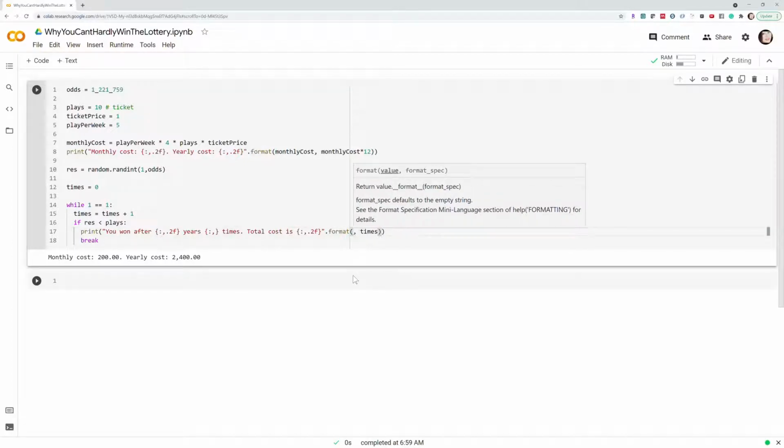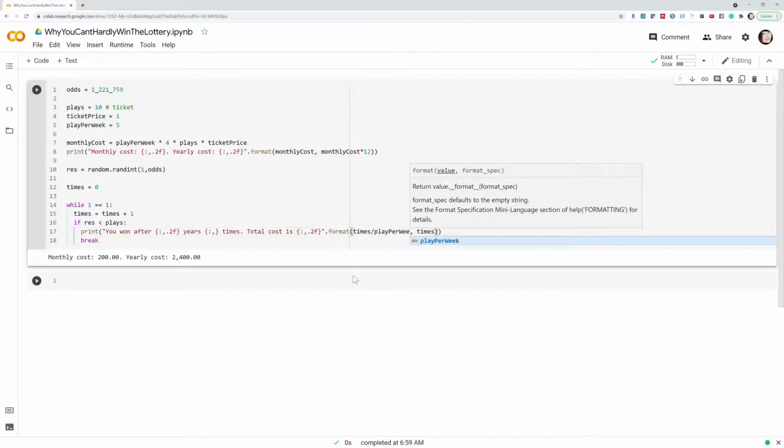The first one is going to depend on the plays per week, right? Plays per week. Then let's say that's going to give us the number of weeks you play, and then the number of weeks you play will be divided by 54 if we have 54 weeks in a year.